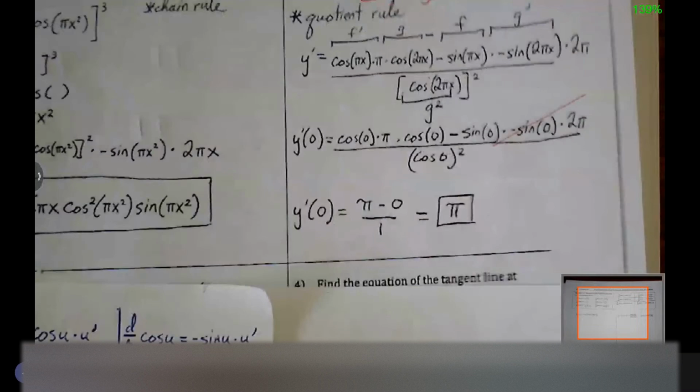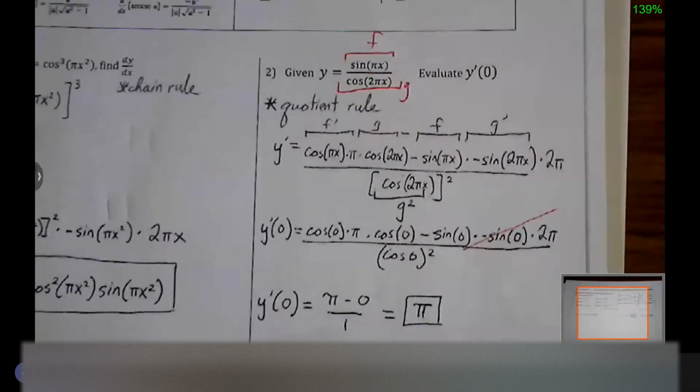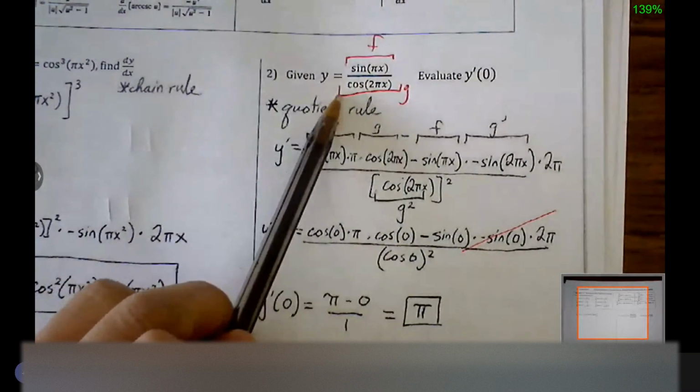Let's see how your steps look. Okay, numerator is my f, denominator is my g.